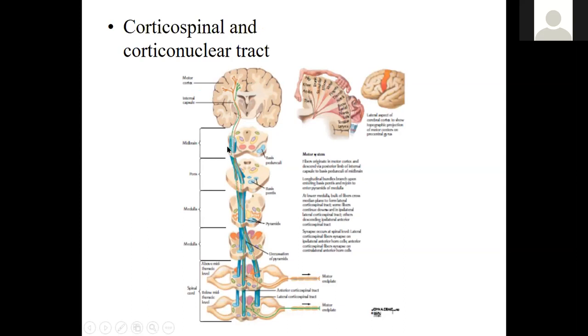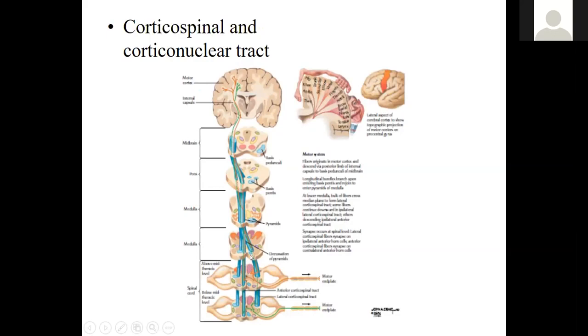At the level of the brain stem, they go anteriorly. We have the corticonuclear fibers that will cross the midline and go to the motor nuclei of the cranial nerves, and then part of it reaches the medulla oblongata.